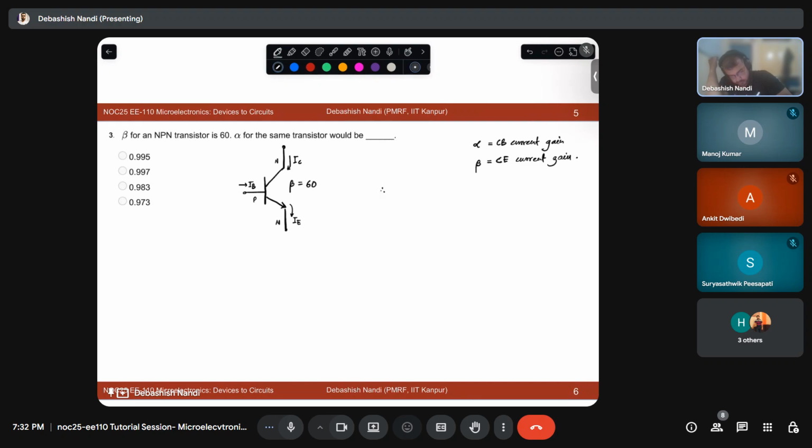But this relation will always hold, right? This is nothing but KCL on the device. Another definition: alpha is the common base current gain, so it is IC over IE, output by input.